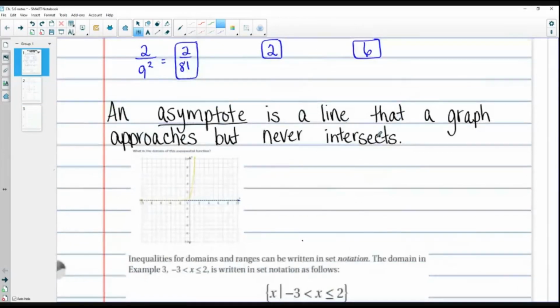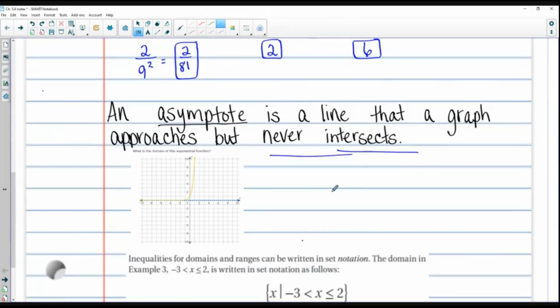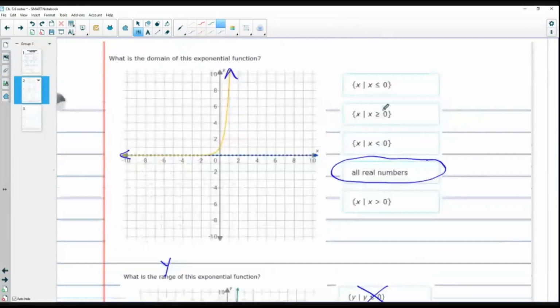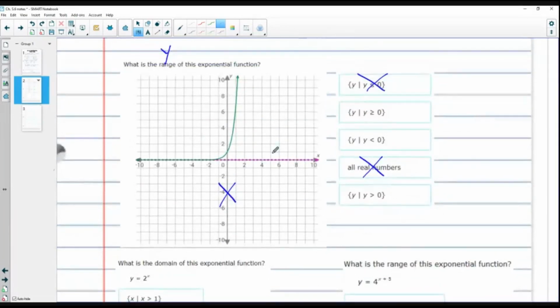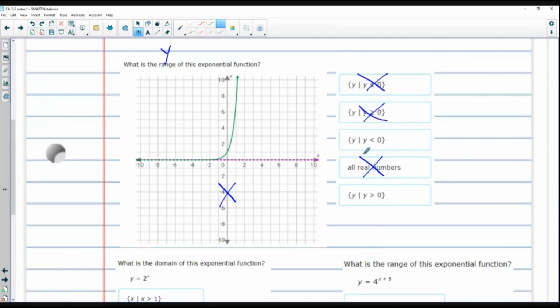An asymptote is a line that a graph approaches but never intersects. Does it intersect the 0? No, it does not, okay? So when you look at your answer choices here for y, is it going to be equal to 0? Nope. The next one says all the values of y for which y is less than 0. Okay, are the values of the green graph less than 0 on y? No, but it's actually going to be greater than 0, so this is the best choice, okay?